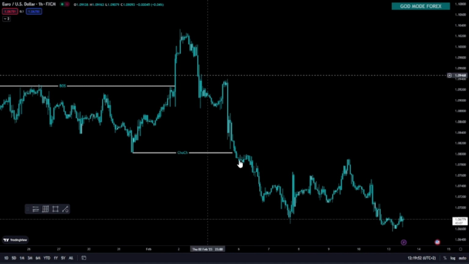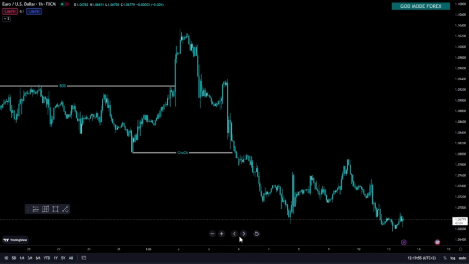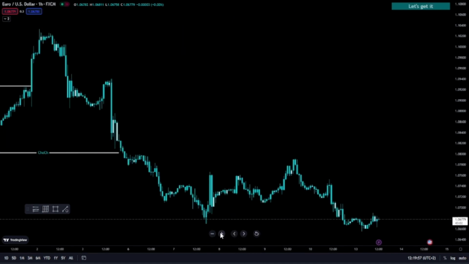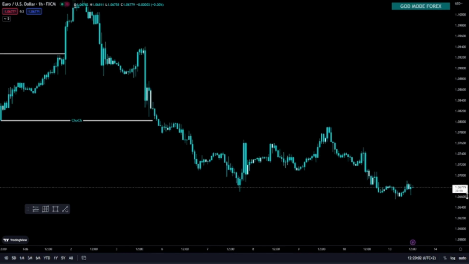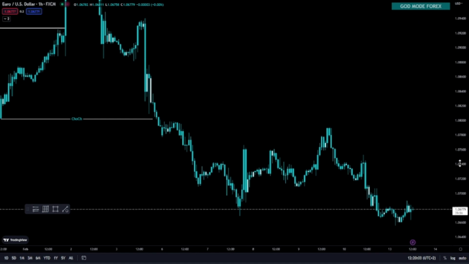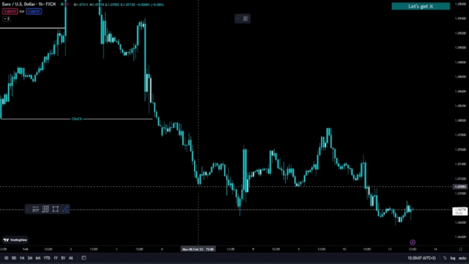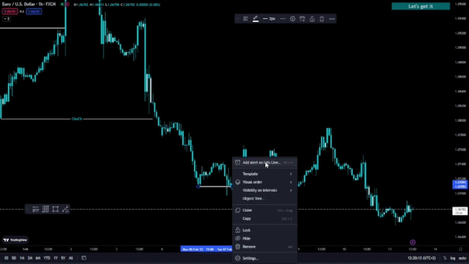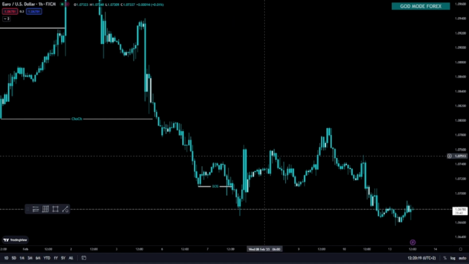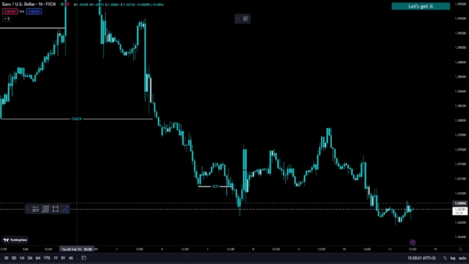So after we saw that we had a change of character, we started looking for a change of character to the upside to confirm or indicate that a pullback has started. And now, as you can see, we had a break of structure right here to the downside, and then from there we had a change of character.